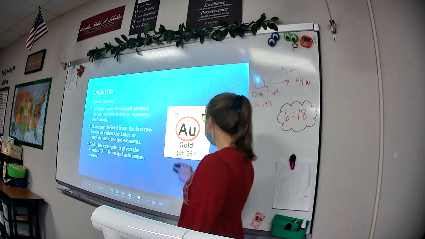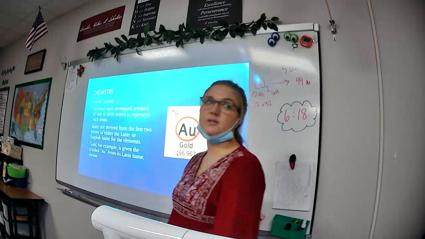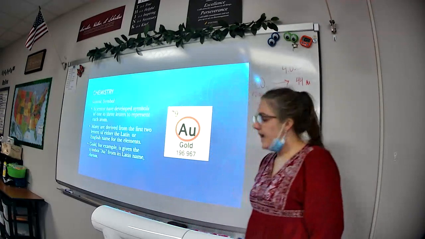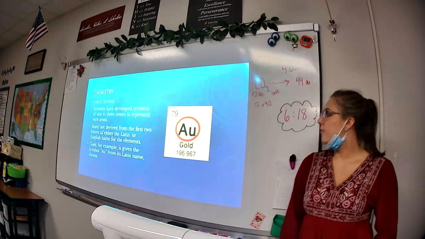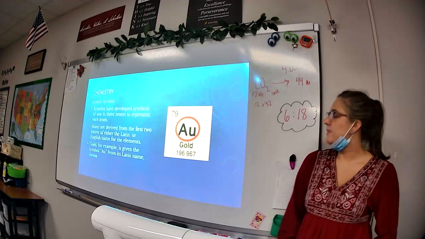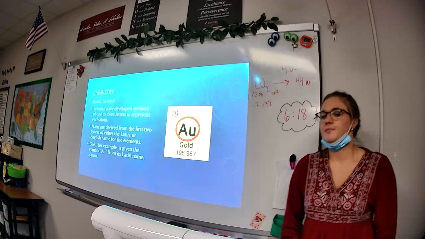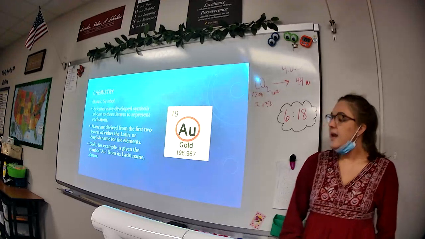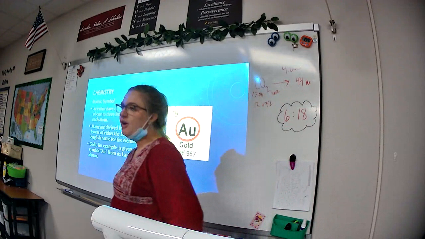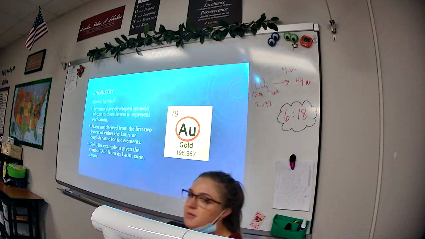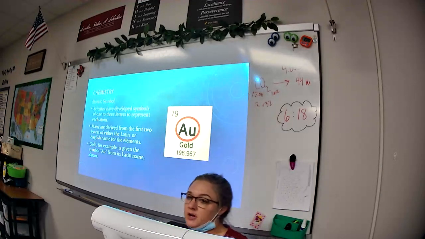Atomic symbol. This should be a review from the vocab, which we discussed already. Scientists have developed symbols of 1 to 3 letters to represent each atom. Many of these symbols are derived from the first 2 letters of either the Latin or the English name. Now, in the first class, someone asked a very good question.